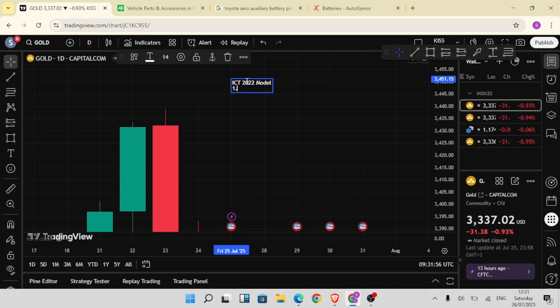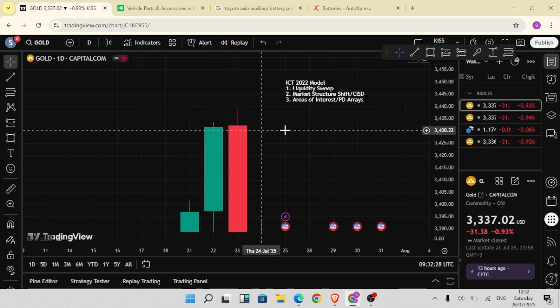The first thing you're looking for is liquidity sweep. I'll go through a rough idea of what that is. The second thing you're looking for is market structure shift or change in state of delivery. The third thing you're looking for is areas of interest or PD arrays, as ICT traders love calling them.